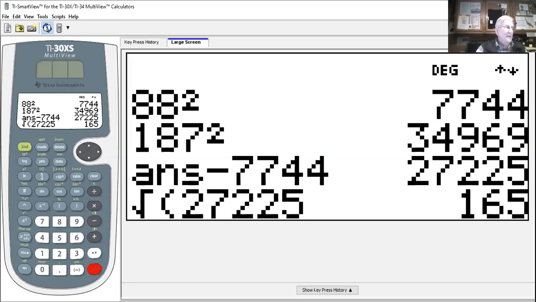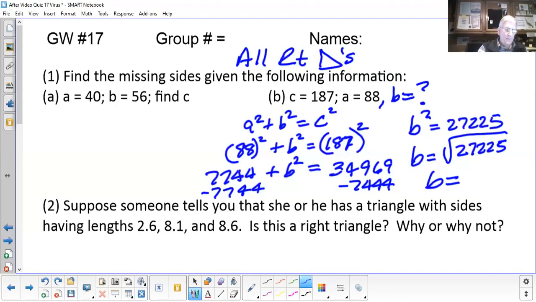Imagine that. So let me share back here. Okay, let's do a new share with this one. And I got 165 for that answer. Okay, so b is 165. Do you recall from your past in mathematics what it is called when you get three whole numbers that fit the rule of Pythagoras?